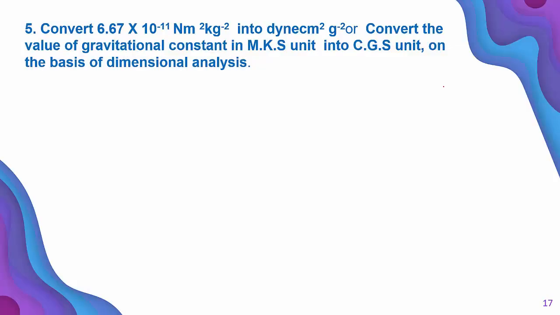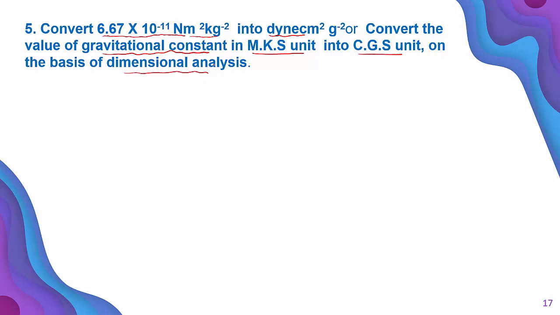Right? Now we can solve one more problem. Convert 6.67 into 10 raised to minus 11 Newton meter square per kg square into dyne centimeter square per gram square, or convert the value of gravitational constant in MKS unit into CGS unit on the basis of dimensional analysis.